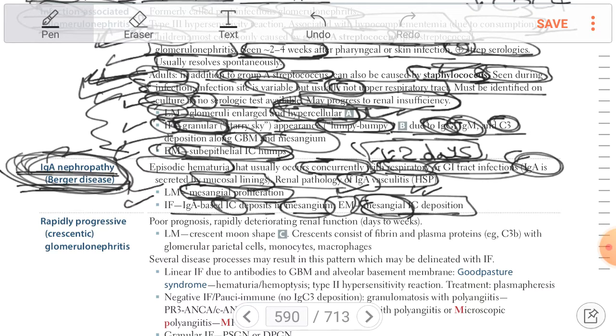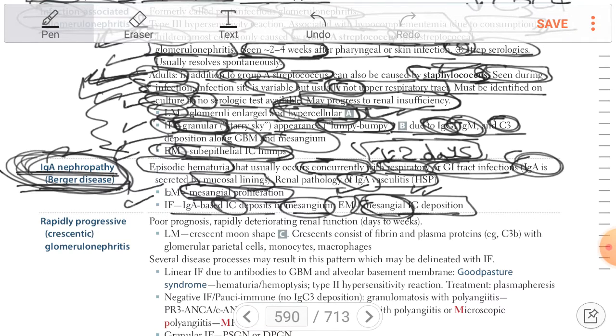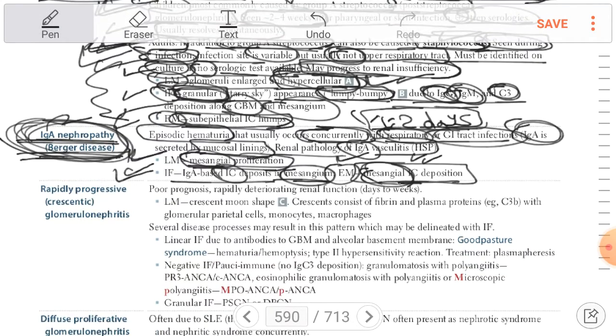So immunoglobulin A nephropathy, Berger disease, involves the mesangium. Light microscopy: mesangial proliferation. Immunofluorescence: immunoglobulin A based immune complex deposition in the mesangium. Electron microscopy: mesangial immune complex deposition.